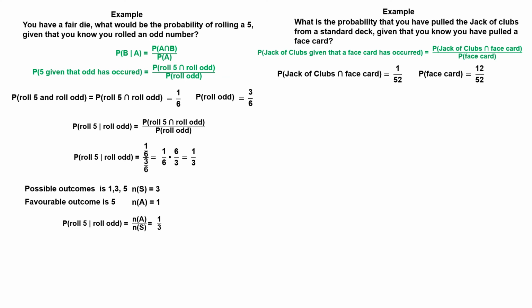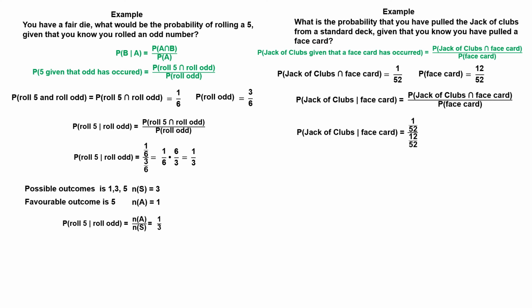The probability of jack of clubs given that a face card has occurred is 1 over 52 divided by 12 over 52. The probability is 1 over 12.